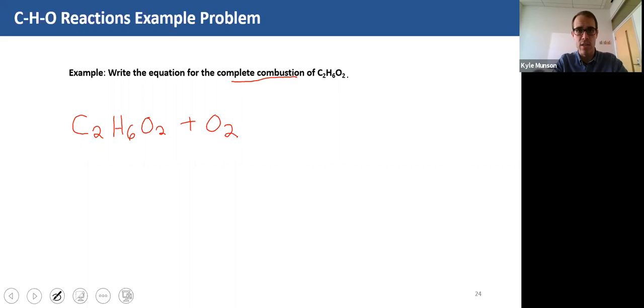So add oxygen to the reactant side of the equation. And then our products are always CO2 and water. Okay, so let's balance this chemical equation. And this one's a little tricky to balance, actually. So let's go for it.